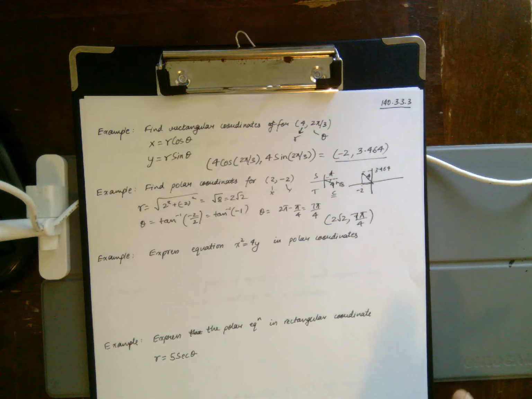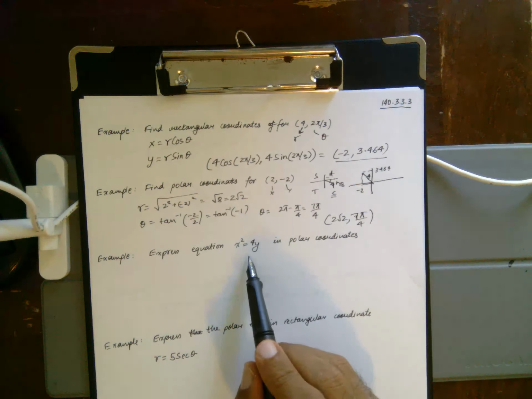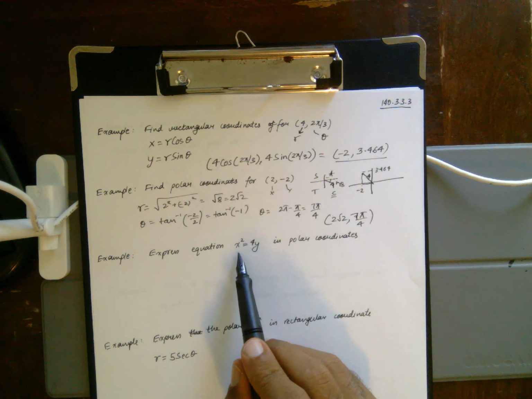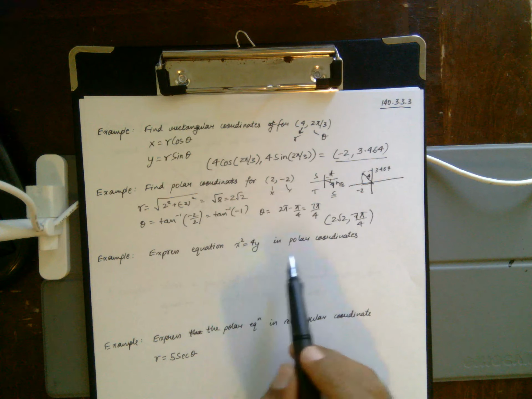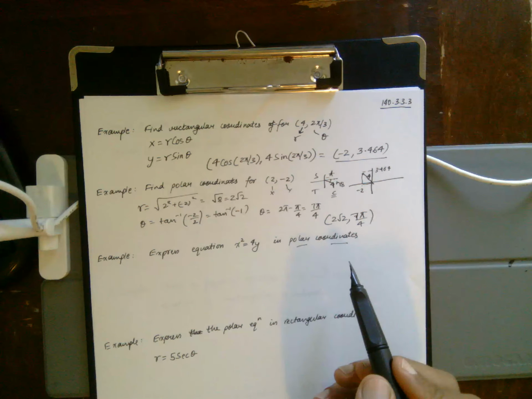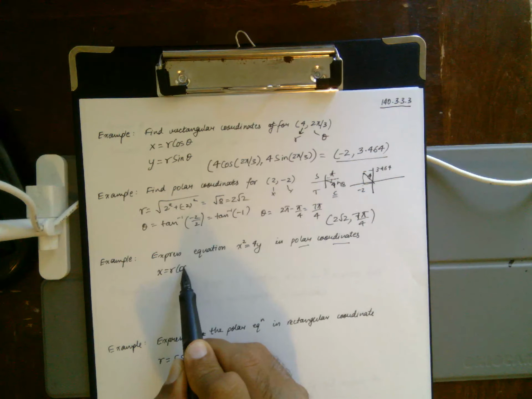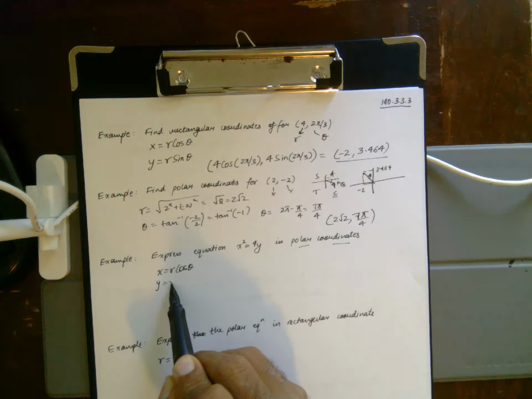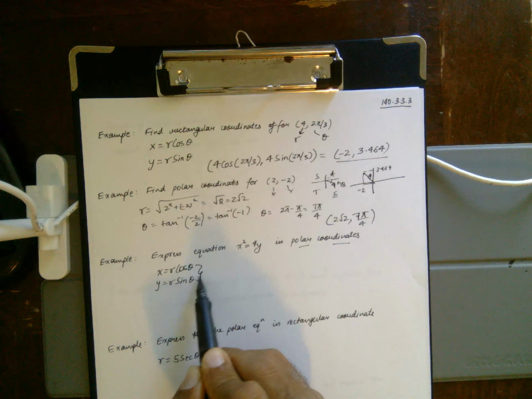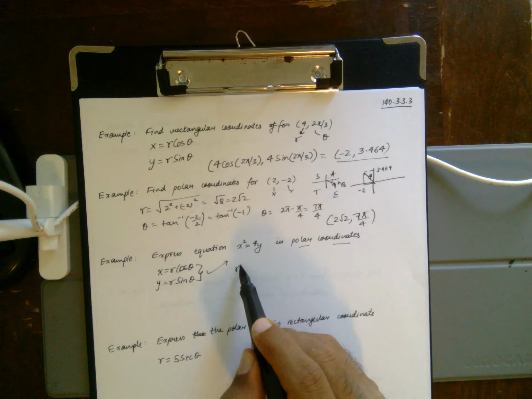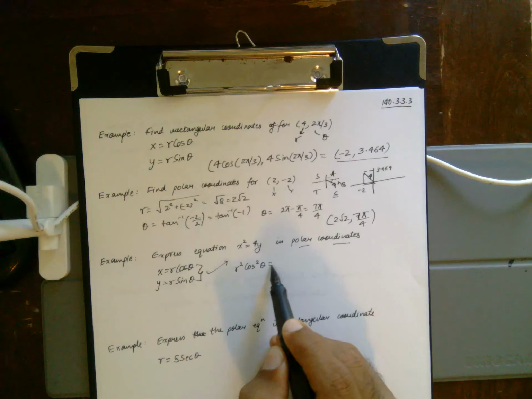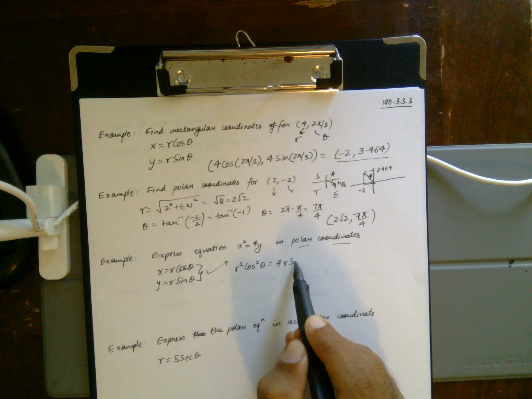For example, let's say this is an equation in the rectangular coordinate system. Given x squared equals 4y, you want to write this in polar coordinates. So all you have to do in this case is remember that x is r cosine theta and y is r sine theta, and you plug these in there. So you get r squared cosine squared theta is 4r sine theta.